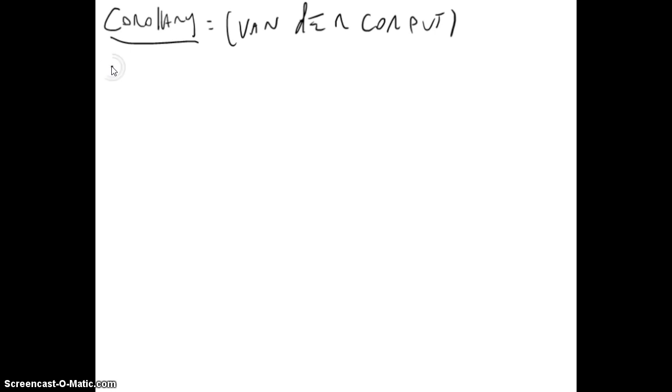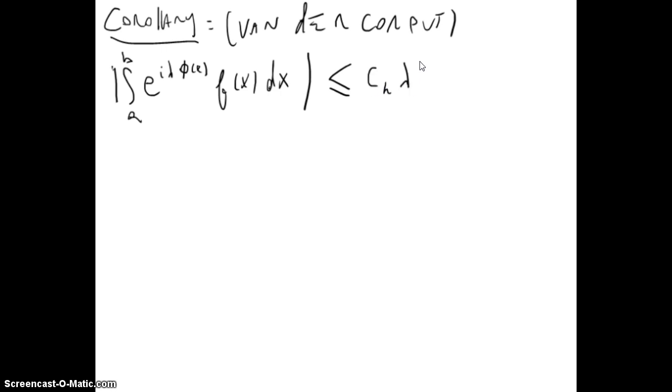Assuming the same hypothesis as we just saw, the corollary says that the absolute value of the integral of e^(i lambda phi(x)) f(x) dx is less than or equal to c_k lambda^(-1/k) times the norm infinity of f plus the norm 1 of f prime. Okay, and c_k is independent of a, b.